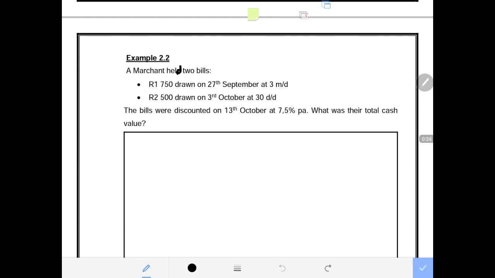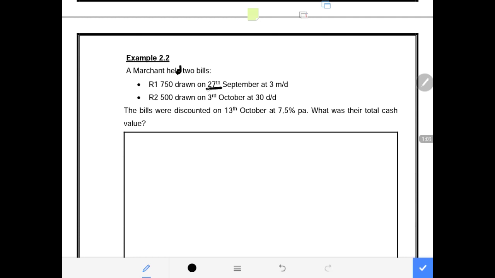It says a merchant held two bills. One bill is 1,750 drawn on 27 September at 3 MD. We said previously that if the bill is written 3 MD, it means the due date is 3 months from the date it was drawn, the same date but 3 months down the line.